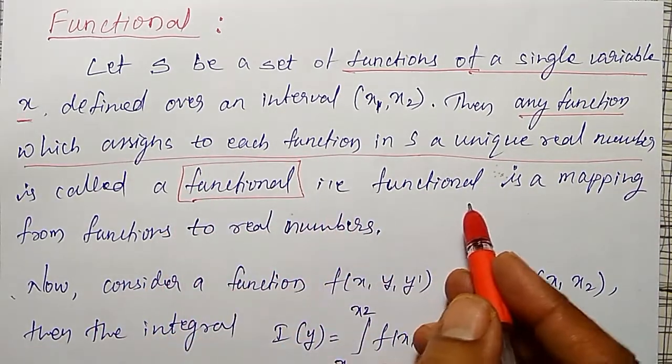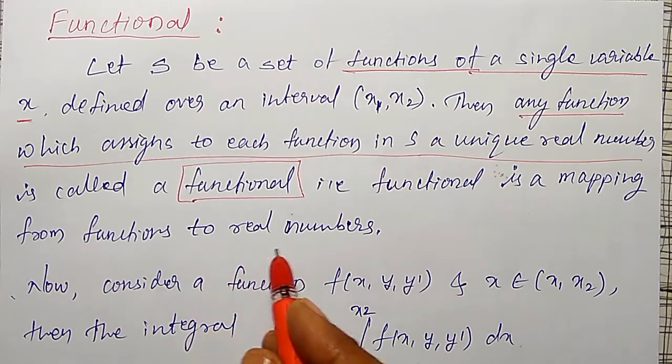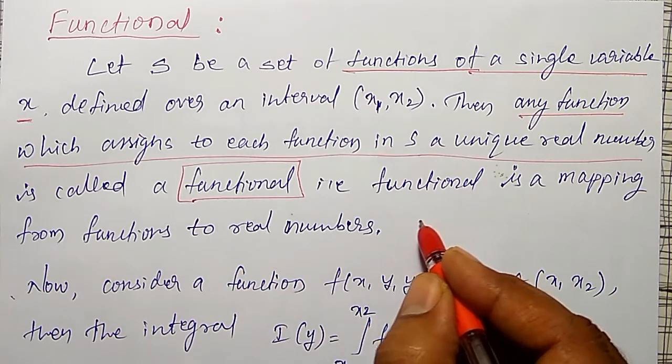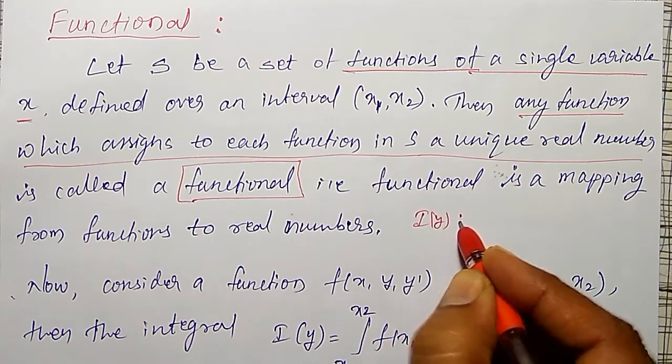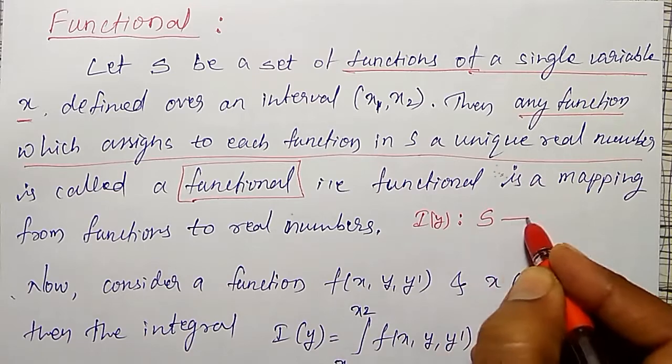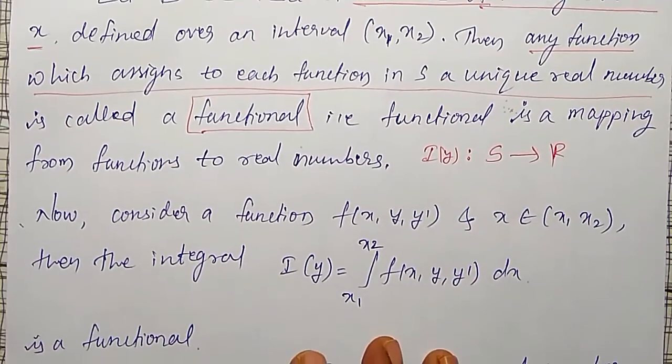That is, a functional is a mapping from functions to a real number. That is, the functional I of y is a function from the set S to the real numbers R. That is what I have defined here.